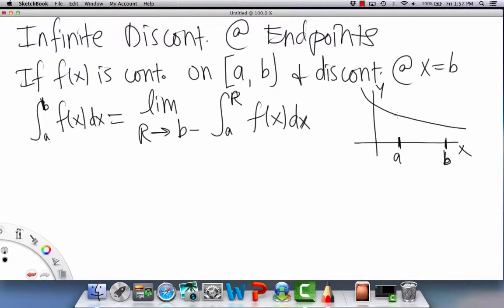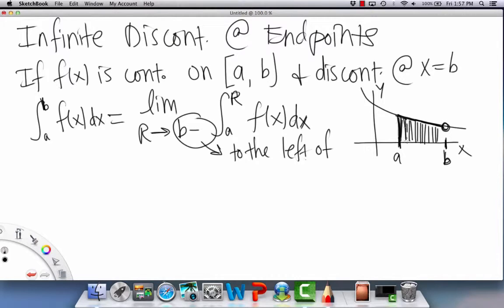So basically from a to b, this is all continuous except for right here. Let's say there's an open dot, right? So what this equation is saying is that the integral, so the area under the curve from a to b, is actually going to be, you're evaluating from a, so starting at a, and then we're taking the area underneath, and then what this b minus means, the minus sign means to the left of. To the left of.